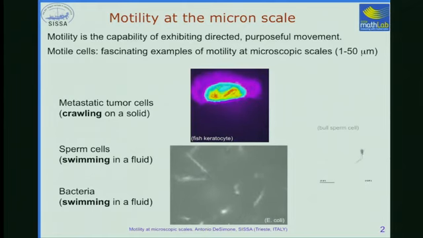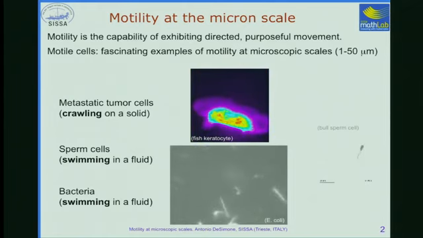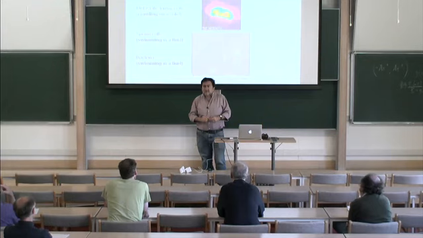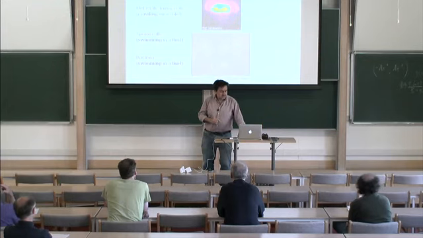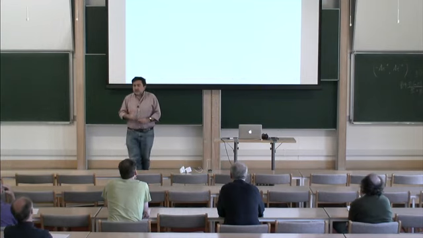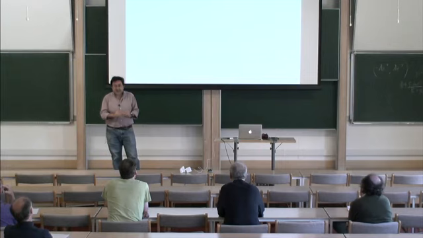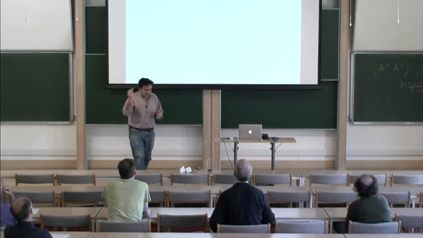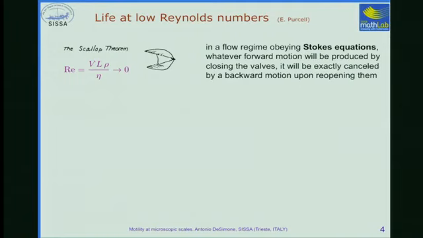Okay, so let's do some basic theory. The starting point: let's do it with swimming because it sets the stage. Swimming in a fluid. The fluid is governed by the Navier-Stokes equation, but if you go down in scale, down in size, inertia forces scale in a different way with respect to viscous forces.